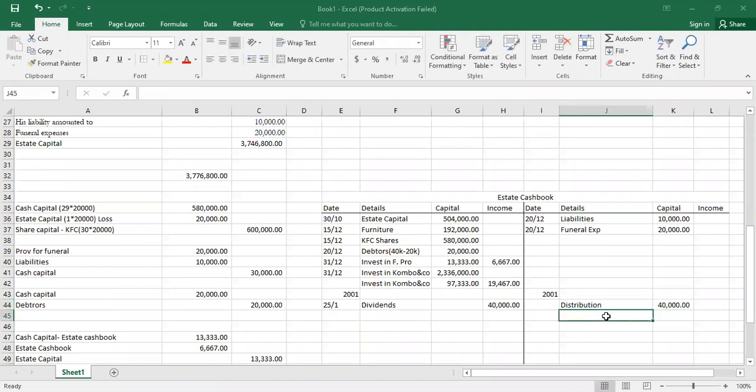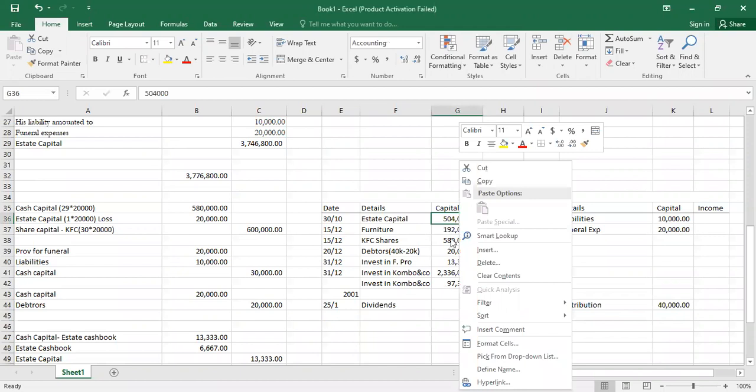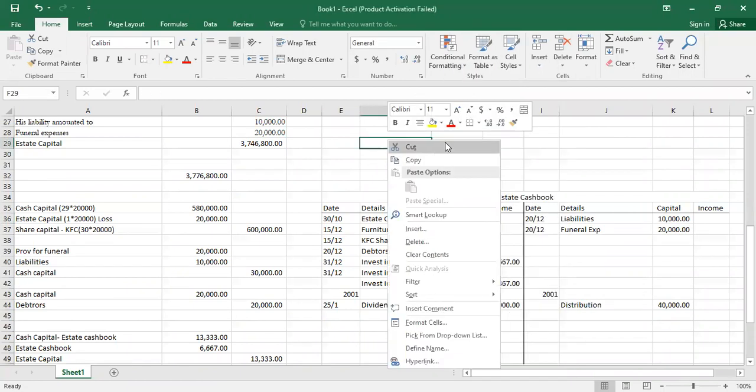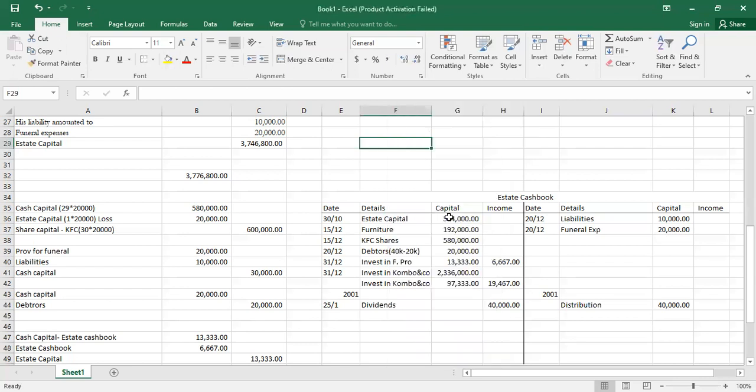Anything else? We can close the books. Obviously, the capital side is huge. What are you getting? This is 3742, 666. Supposed to get the column for balance carried down.